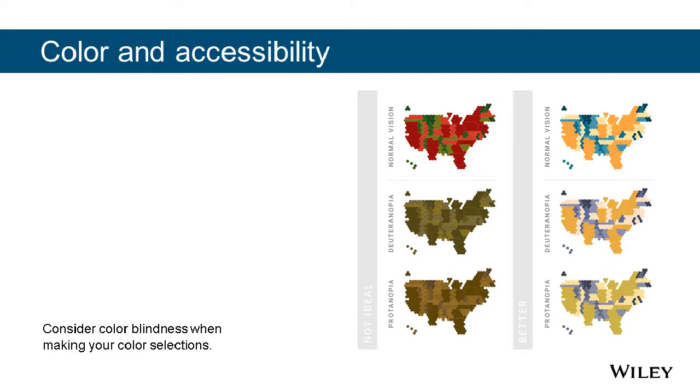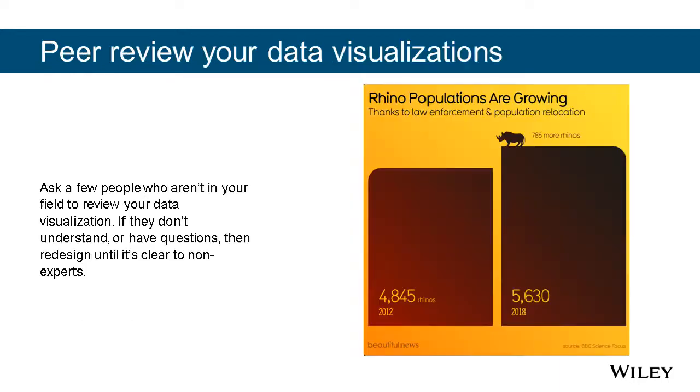But contrasting yellows, oranges, and blues, on the other hand, will still be clear no matter how your audience sees color. And there are online resources that can help you to evaluate the accessibility of your color palette and check that before you share your data visualization.